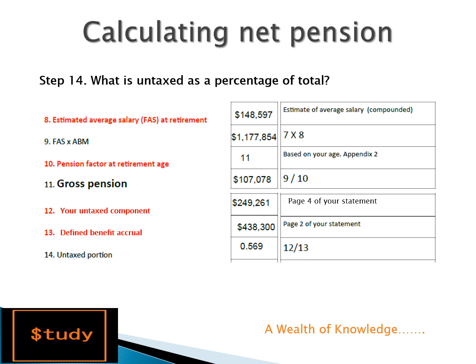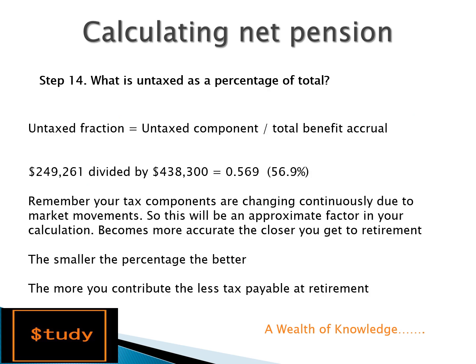So we took the 249, divided it by the defined, and we get 0.569, which is 56.9%. Now, of course, remember that these tax components will vary as time goes on.